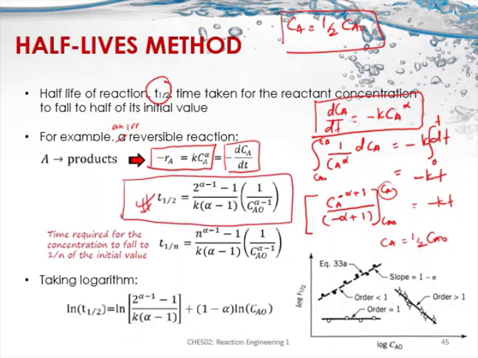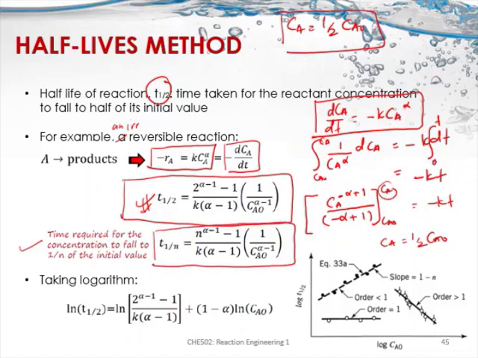Alright. Time required for the concentration to fall to 1 over n of the initial value. When we derive it, Ca is half of Ca naught. However, it is actually represented by this general formula, meaning that it's not necessarily half.